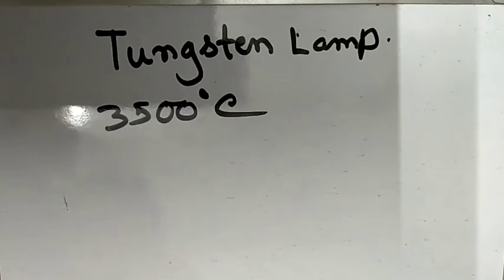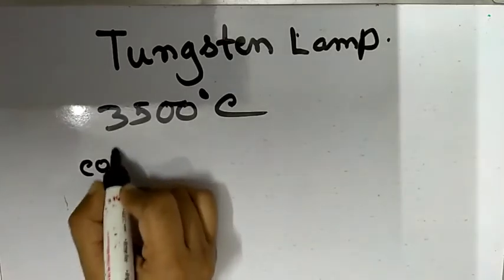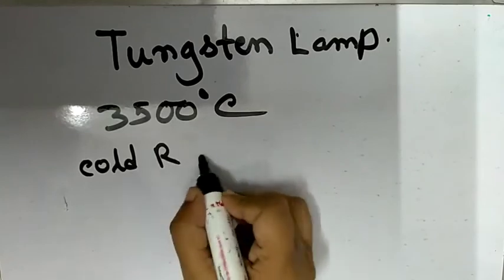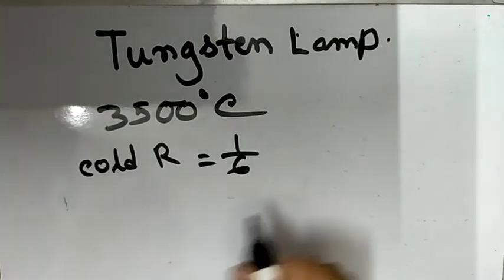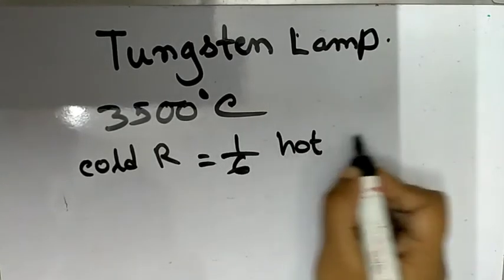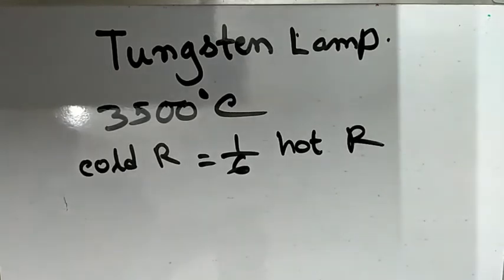The cold resistance of the filament is approximately 1/6 of its hot resistance. Okay, cold resistance is 1/6 of its hot resistance. Now the filament resistance increases almost instantaneously, about 0.2 second.